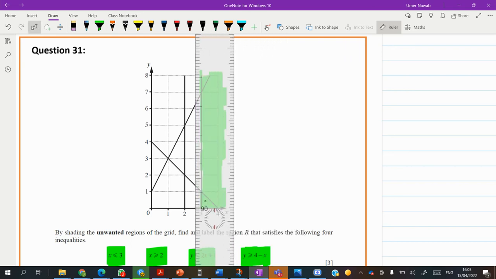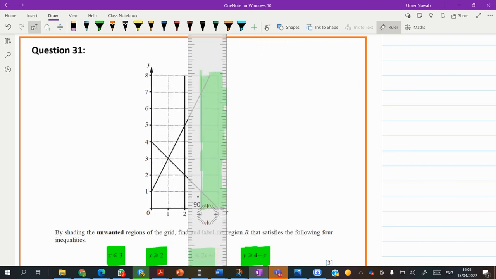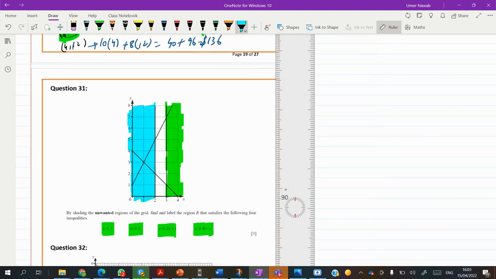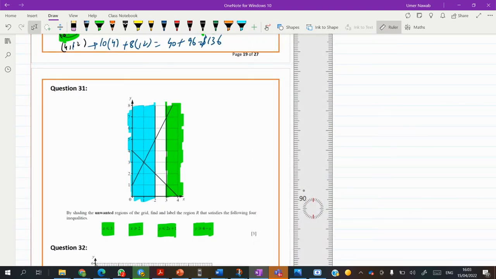Now x is greater than or equal to 2. The right hand portion of x equal to 2 is wanted, and the left portion of x equal to 2 is unwanted. So I'm going to shade. So I have just shaded the left of x equal to 2 and the right of x equal to 3.